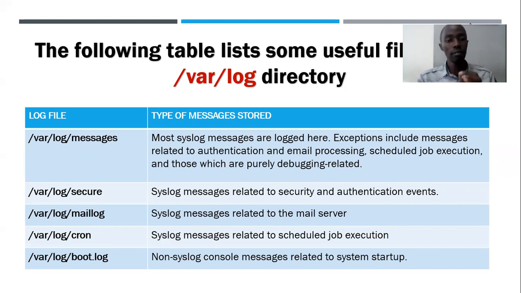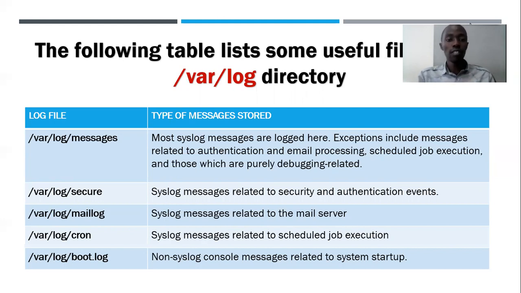In this particular file, the log entries are sorted and written by rsyslog, in the form of messages, security or secure, maillog, cron, that is the jobs, and boot.log. So what do we mean by those log entries or events that are captured and stored under messages?